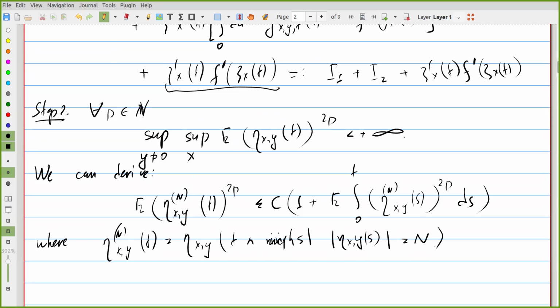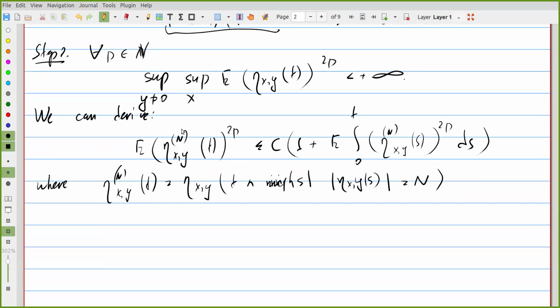So it's just a standard localization procedure, because you cannot just write this without this capital N, it might not exist. Now you use the Gronwall-Bellman inequality and Fatou's lemma to conclude that this holds. So I will skip the details.